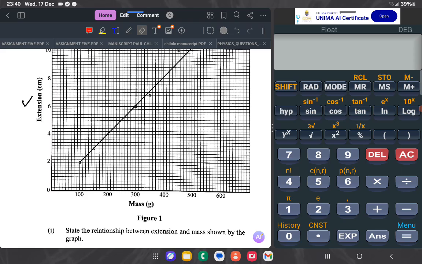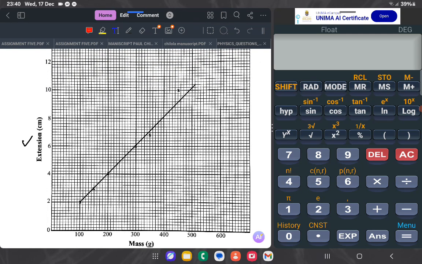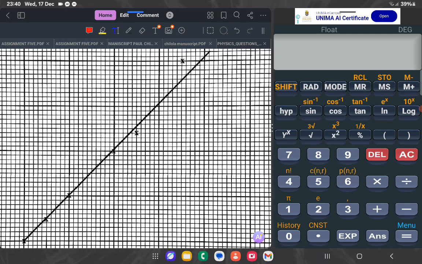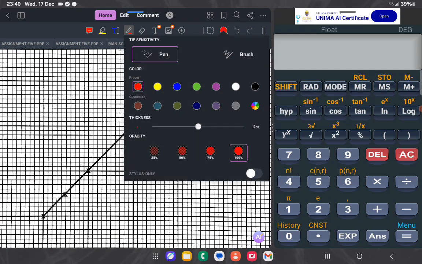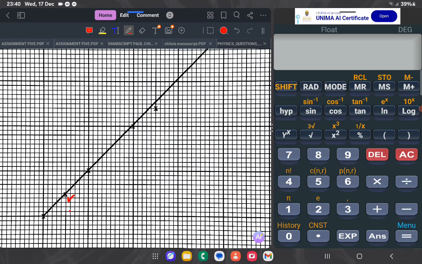So we have here the line of best fit, which is plotted. I'm sure you can see the points. Let me zoom in a bit. We have the plotted points: a point here, another point there, another point there, another point here.